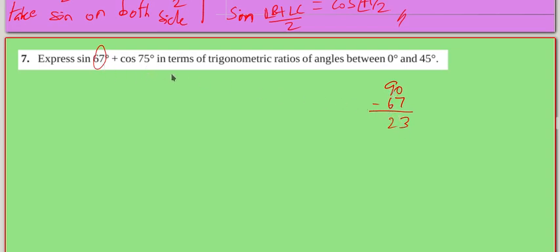So for 67, 23 is the complementary angle. In the same way, for 75, 90 minus 75 is 15. 15 is the complementary angle.